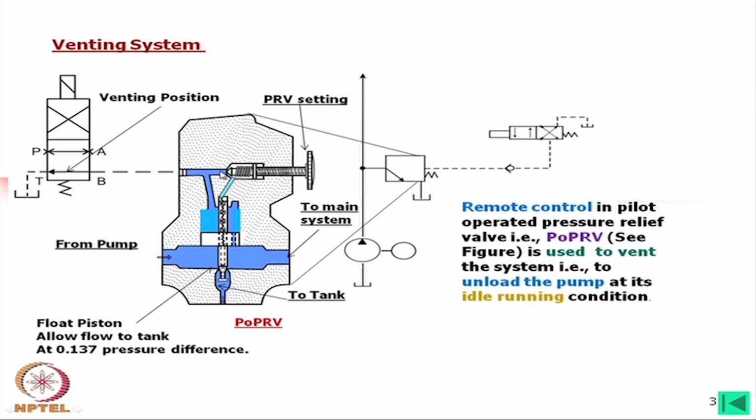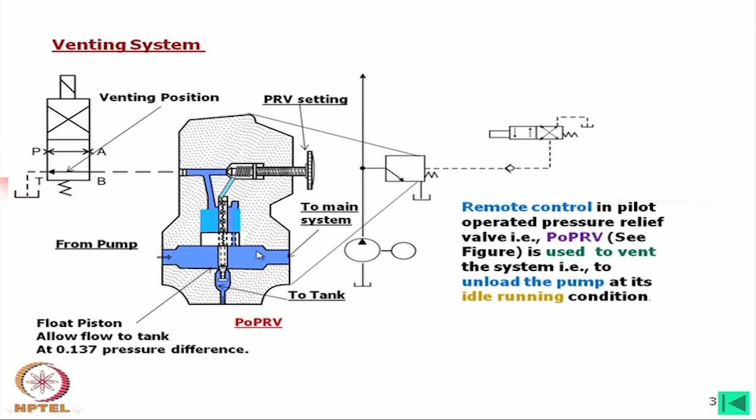Once this opens, a flow will begin. As there is a flow on this side, there is a pressure drop here. So, this piston, which has equal areas exposed from both sides, will have a thrust upward. With this upward thrust, this will move and oil from here will go to the tank. So, this is actually what you can call a pilot operated pressure relief valve.